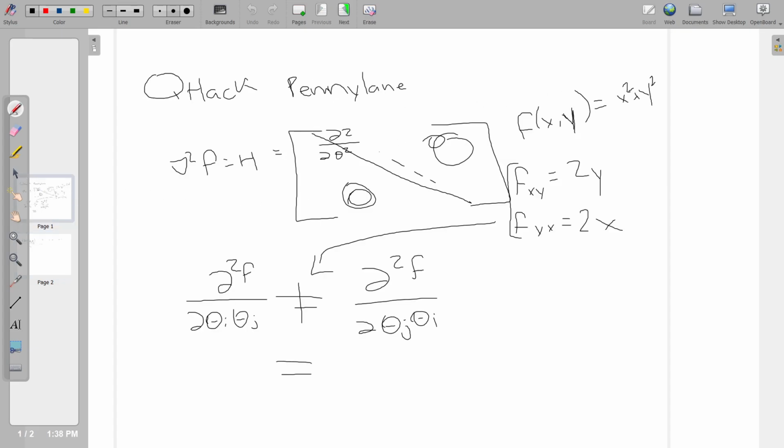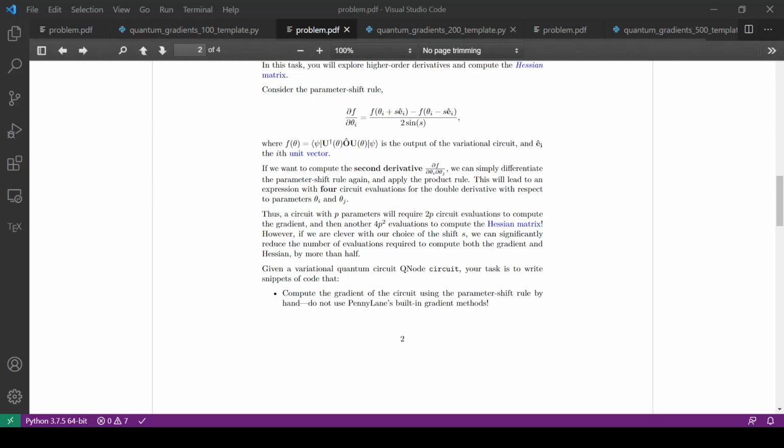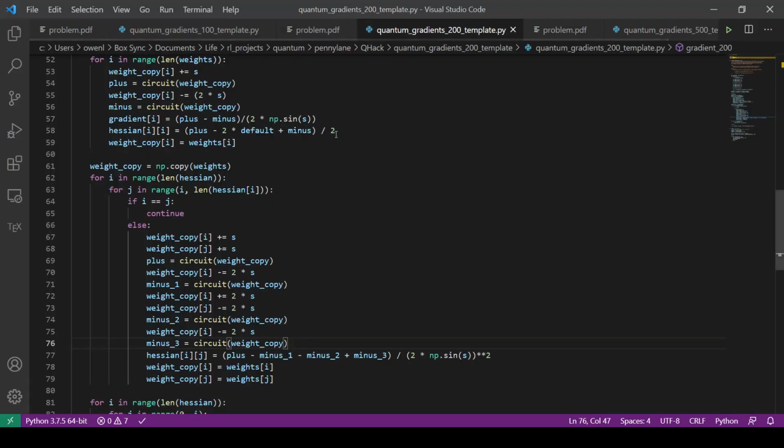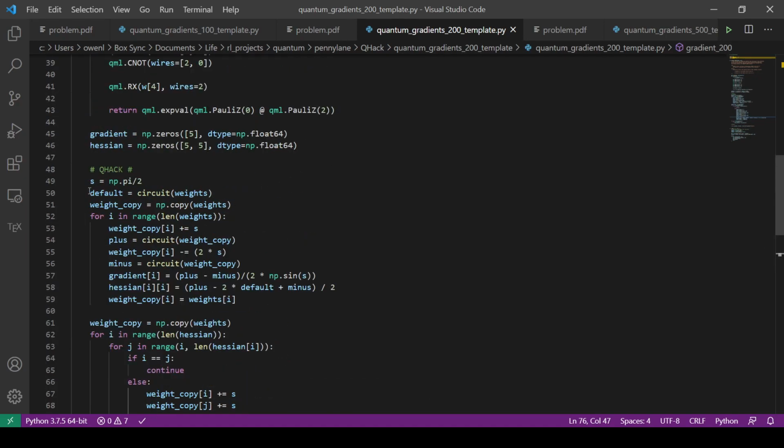So what we can do is go to the code, and we can see that first we calculate the gradient. This is exactly the same code as before, and to calculate the diagonal values of the Hessian, it isn't exactly the gradient. You just have one additional value here, which is the starting value.